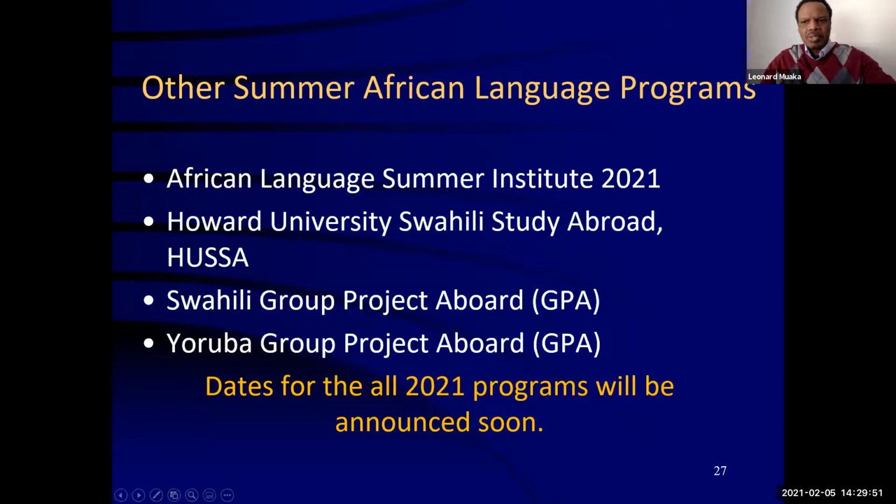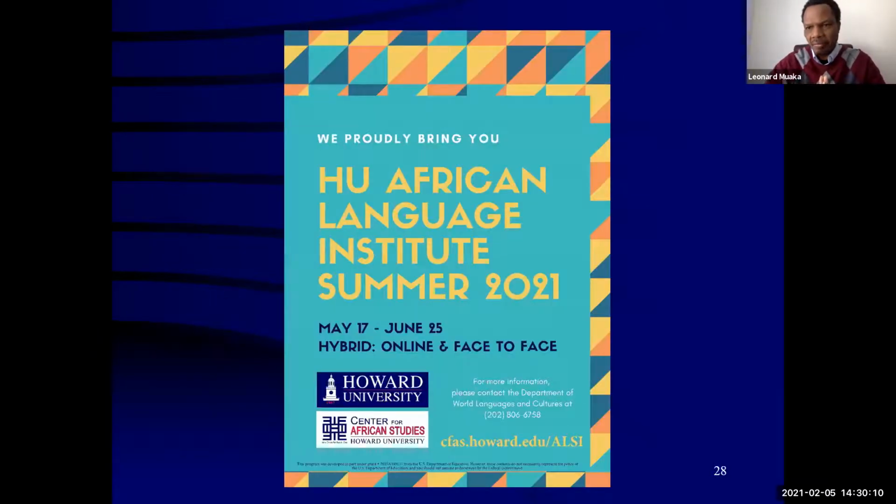Hello, everybody. We are going to have, for the very first time, what we are calling the African Language Summer Institute. The information is on our website, as well as the center's website. We will offer these courses beginning May 17th up to around June 25th.